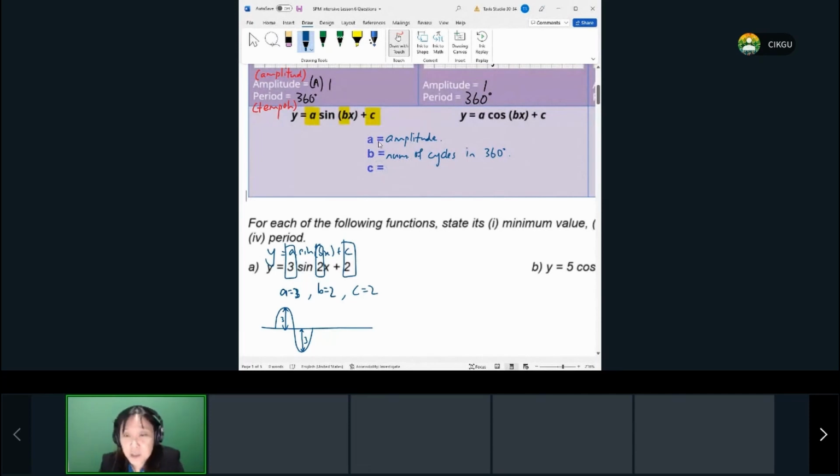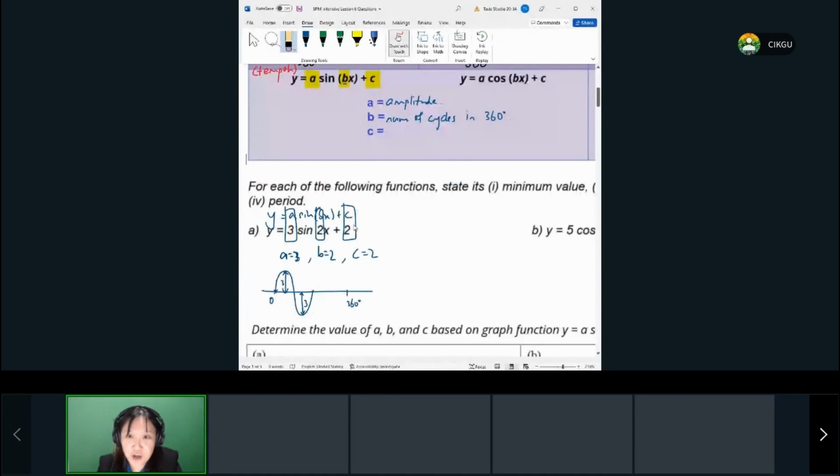So the value of B tells you the number of cycles in 360. Looking at this example, 2x, that means my B is 2. In other words, within 0 to 360 degrees, I will have to fit in 2 cycles. That means this one is 1, then, oh my god, pardon my drawing.